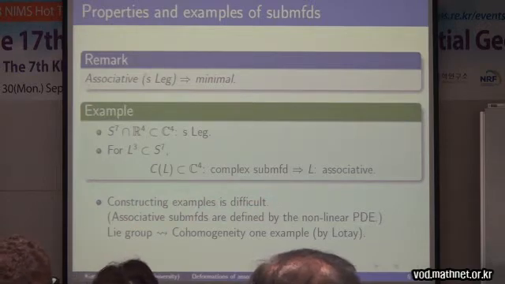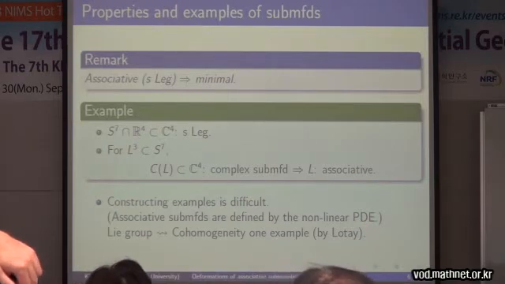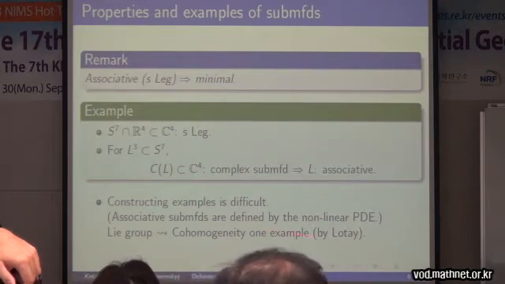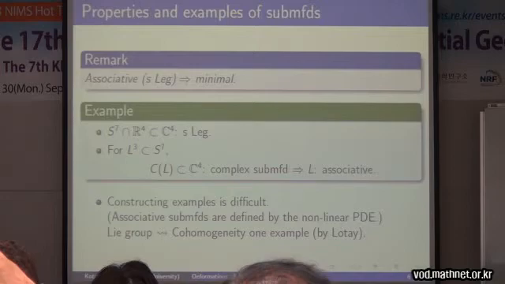The reason is that associative submanifolds are defined by a nonlinear partial differential equation. In general, it is very difficult to solve partial differential equations, so it is very difficult to construct examples of associative submanifolds. There are many ways of construction. For example, by using the symmetry of a Lie group, a cohomogeneity one example is constructed by Professor Lotte.